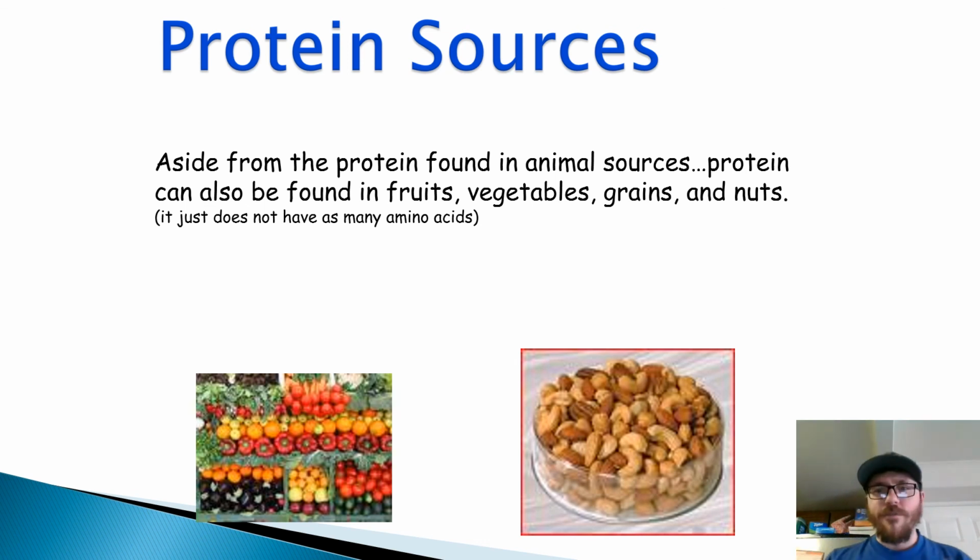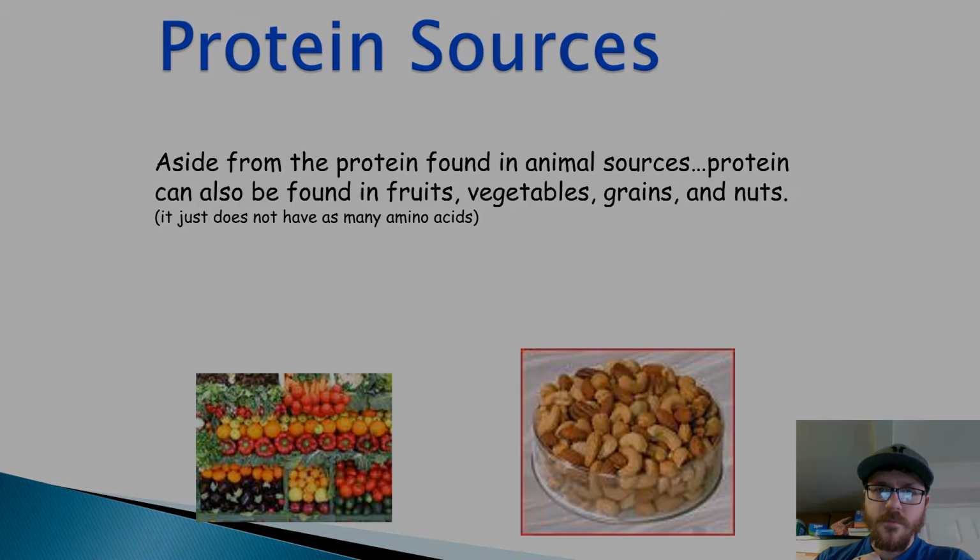Animal proteins provide all of the amino acids that you're really going to need in terms of the essential ones. But if you're just getting your protein from green sources, from veggies and fruits and legumes and things like that, you just want to make sure that you're getting all of the amino acids that you need.